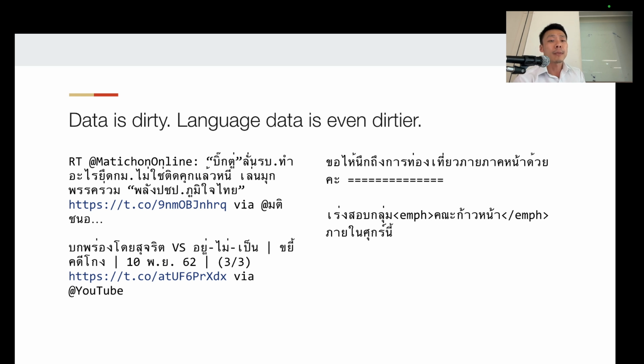So look at the sample on the left. There's text, then there are also other things that we don't want, right? For example, what is this? It's a retweet of, and this is a handle name, it's not even text at all, right?